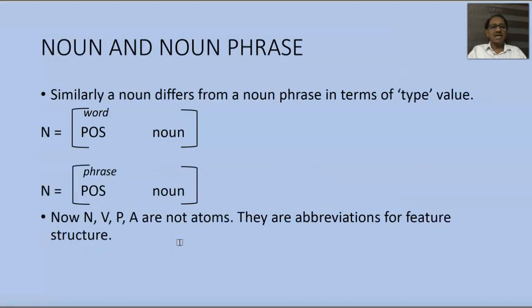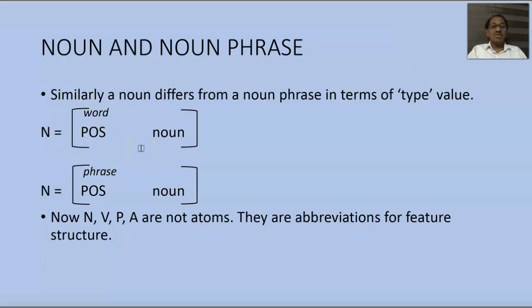Similarly, a noun and a noun phrase. Both noun and noun phrase have the same parts of speech feature with the value noun, but they are of different types, which are word and phrase.